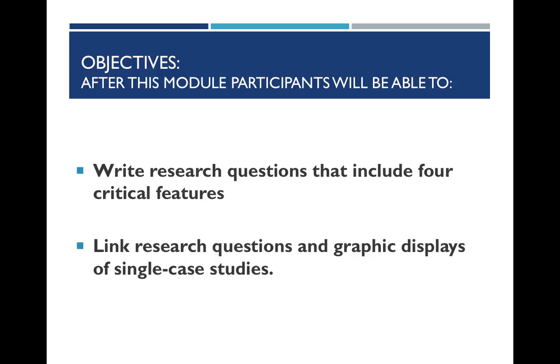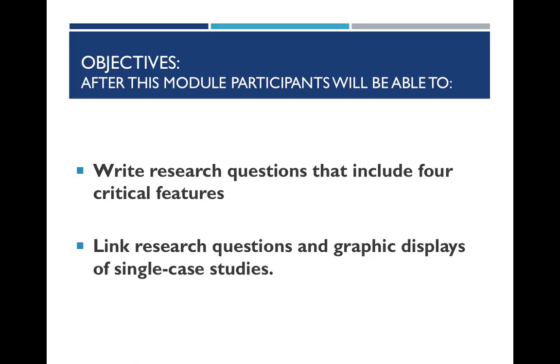Going through this module, you'll end up with 2 key outcomes. One is you should be able to write research questions that include 4 critical features. Part of what we want is when you look at a research question, you should be able to answer 4 questions, and those 4 questions are related to the critical features.